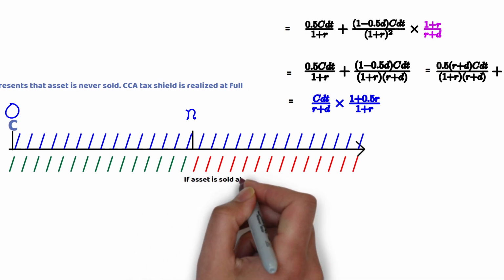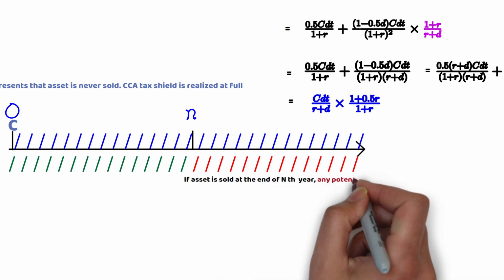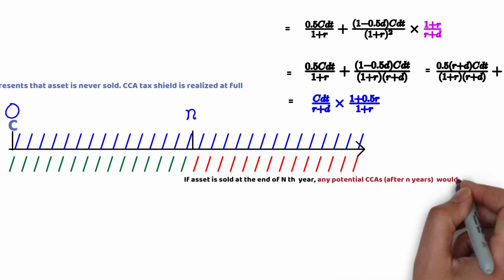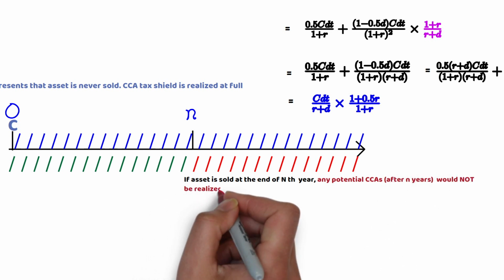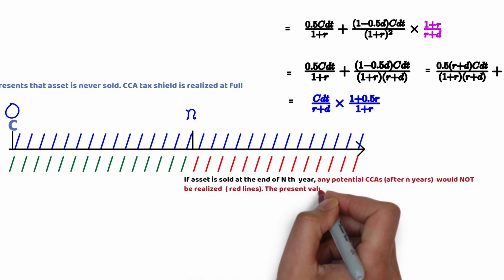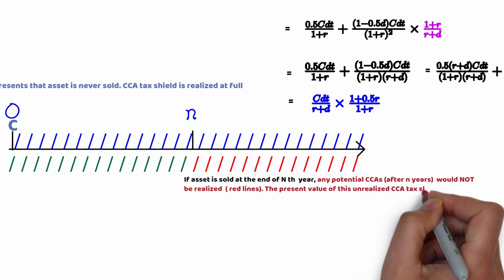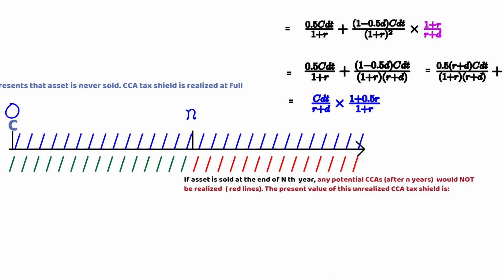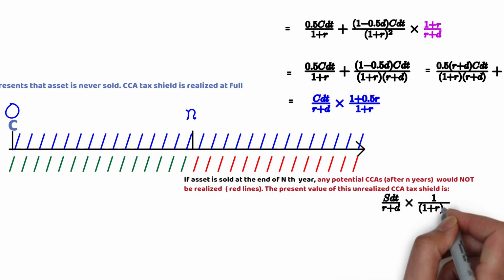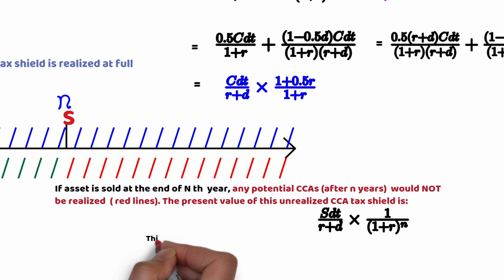If the asset is sold at the end of the Nth year, any potential CCA after the N years would not be utilized because it was given up. So the present value of this unrealized CCA tax shield is S D T divided by (R plus D), times 1 divided by (1 plus R) to the power of N.